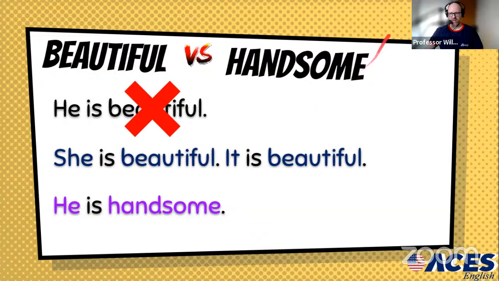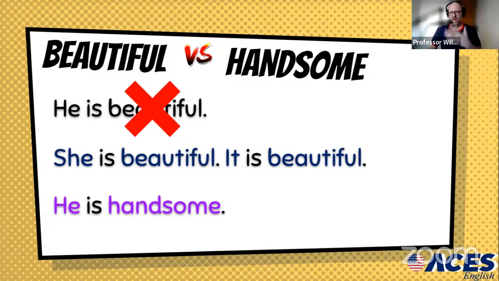The exception, so we don't use he is beautiful, she is beautiful, it is beautiful, he is handsome. The exception is if we're talking about beauty in general. So, for example, like a statue, a Greek statue. The men were beautiful in those Greek statues, but we're talking about beauty in general.